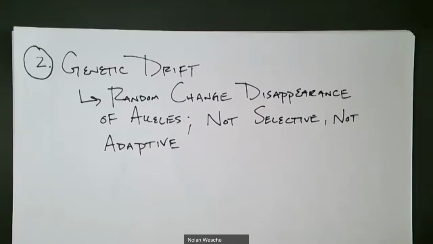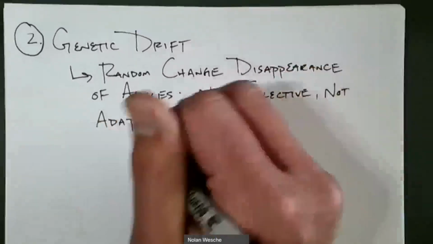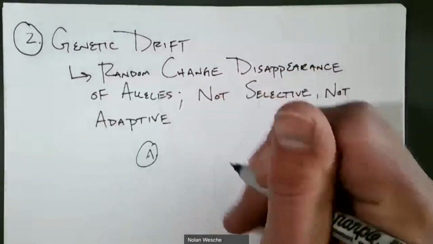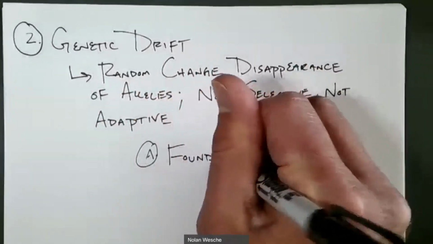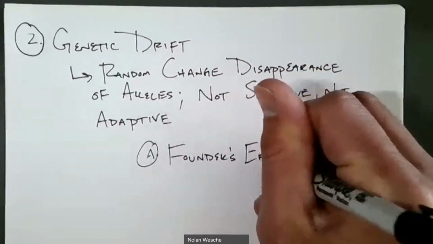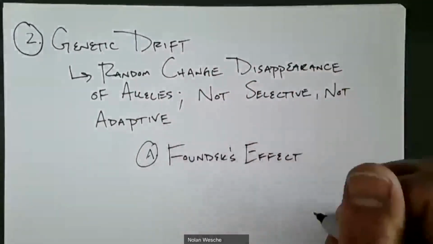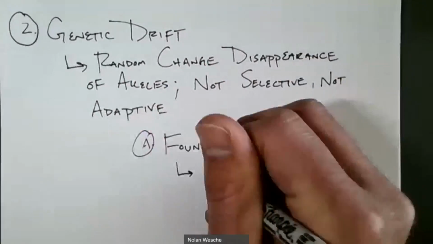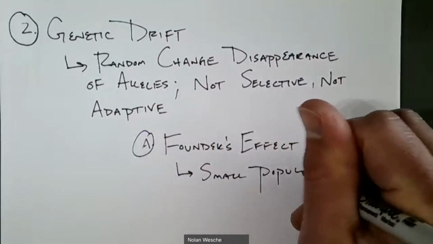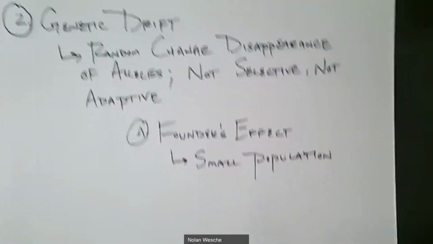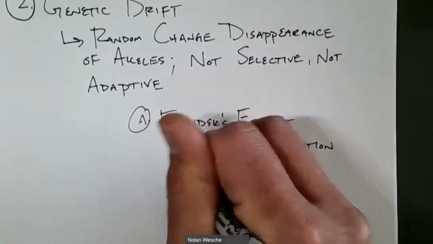So let's go ahead and make a note of that. So again, our examples here are founder's effect, and we said that, again, a small population is where we're going to see this. That oftentimes is an isolated group.